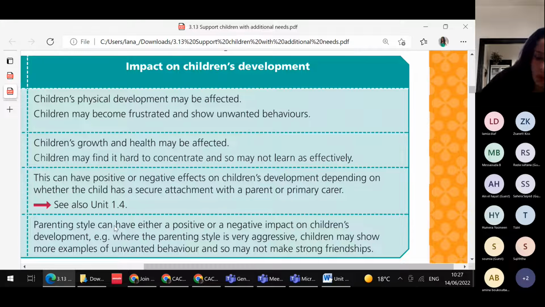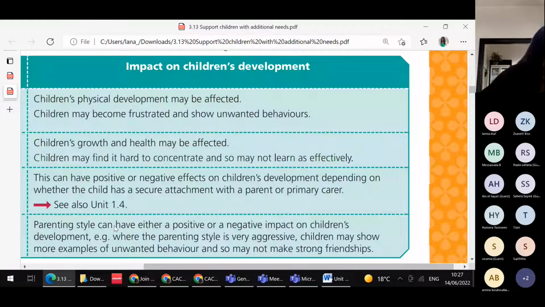Or it could be a positive effect. Why? Because if the child has a good relationship with his or her parents, this child will have better self-esteem.